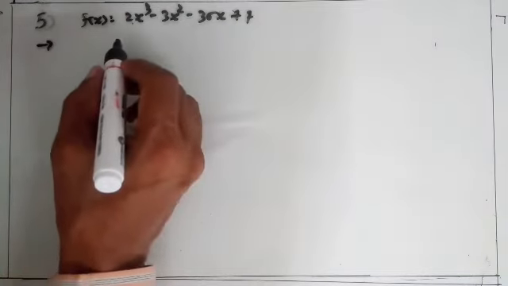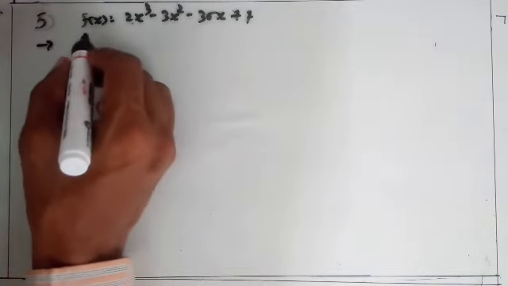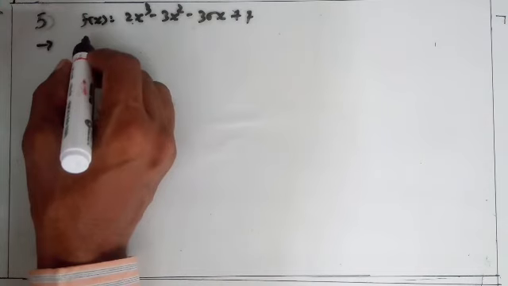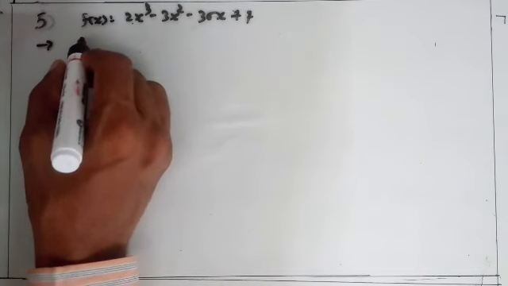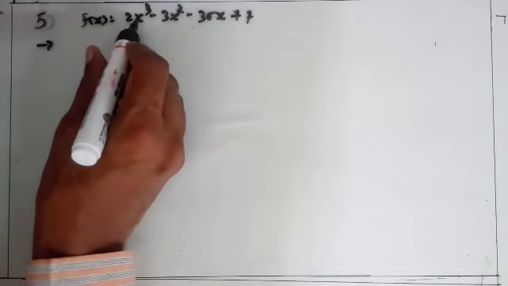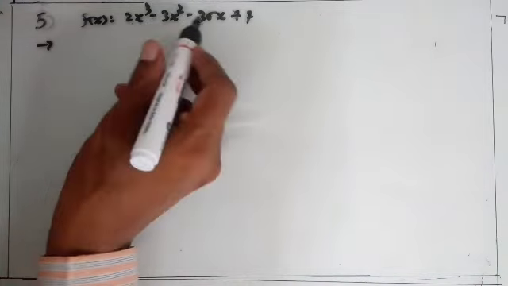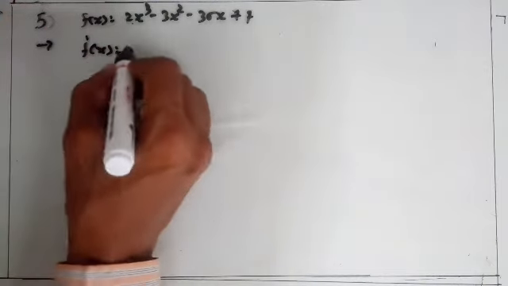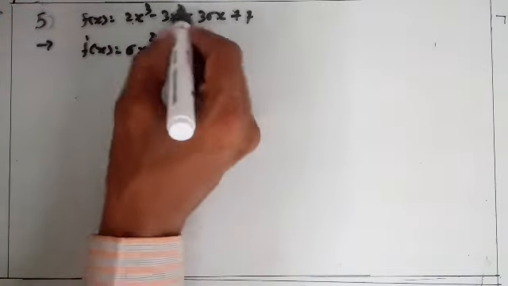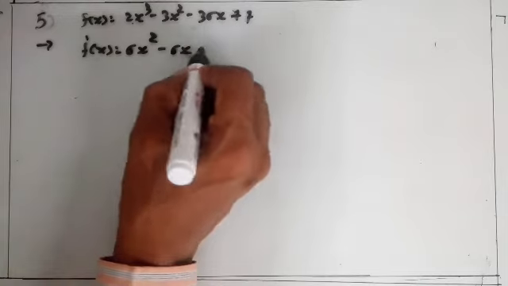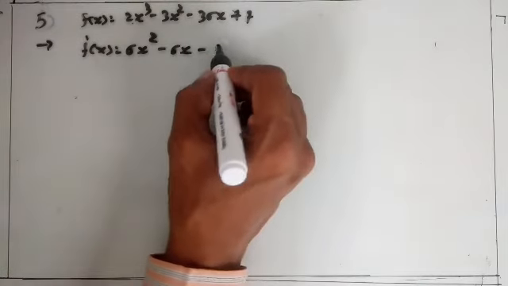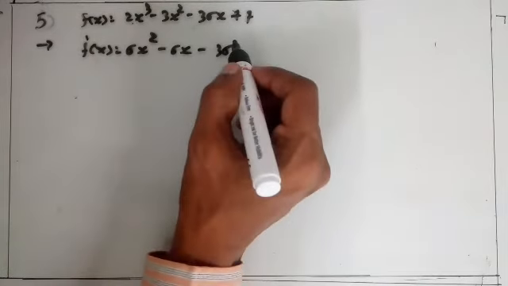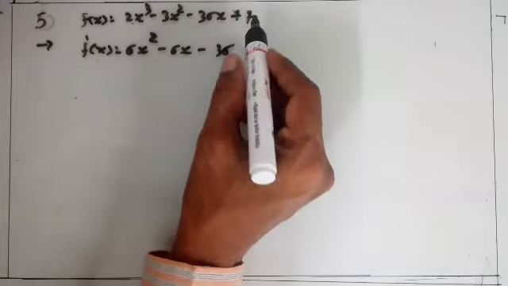To get the interval, first we get the first derivative, compare with 0 and get the value of x. Here f(x) = 2x³ − 3x² − 36x + 7. Therefore f'(x) = 6x² − 6x − 36. Derivative of x is 1. Derivative of 7 is 0.